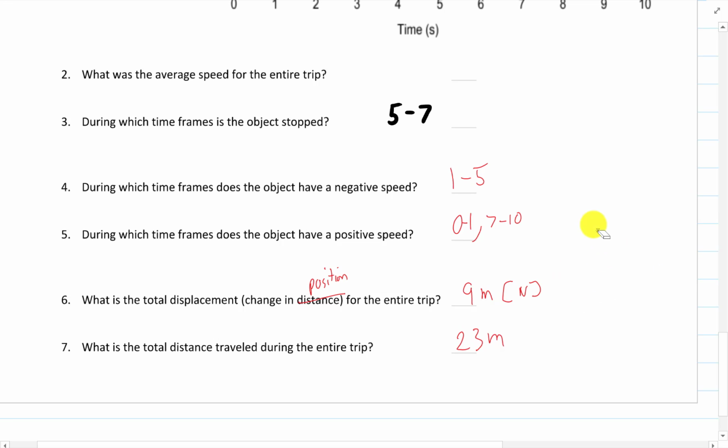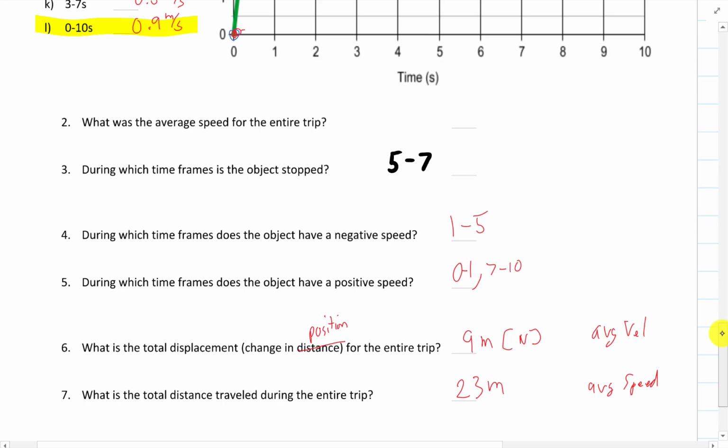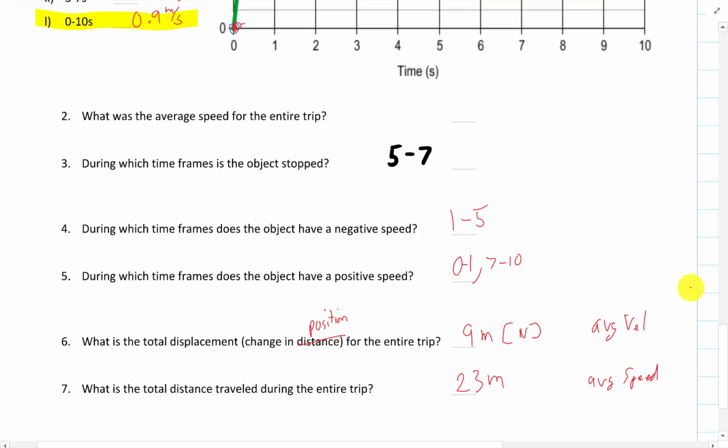So now that we have these totals, what is the average velocity and what is the average speed? Average velocity, we've already asked, and then average speed for the entire trip. See, that's why I had to change it.